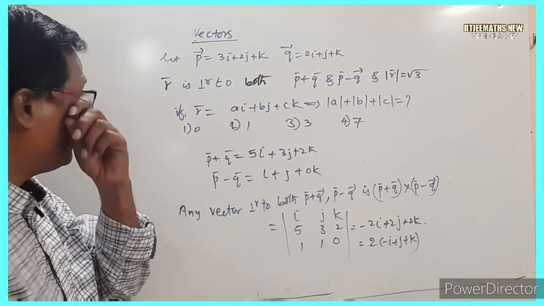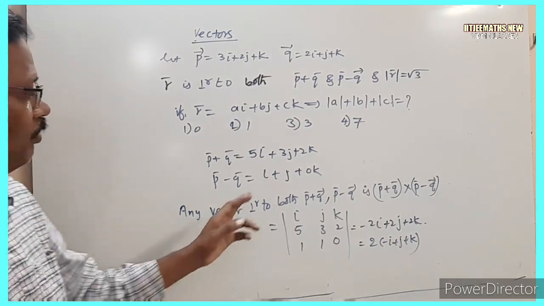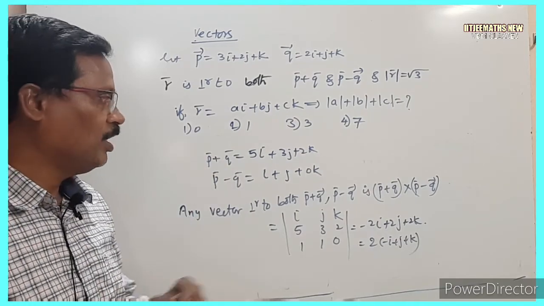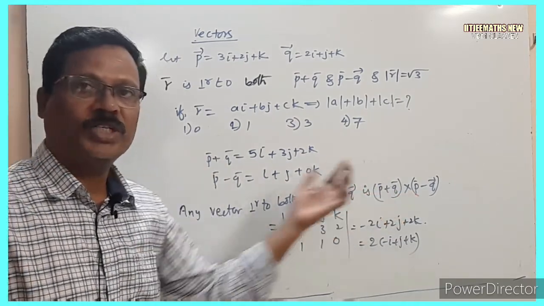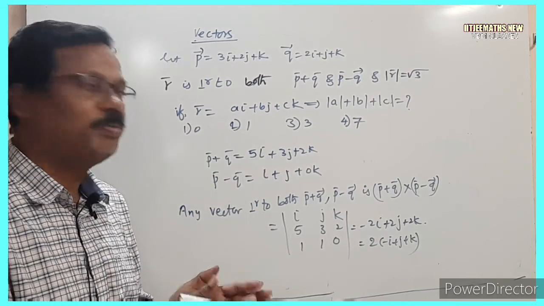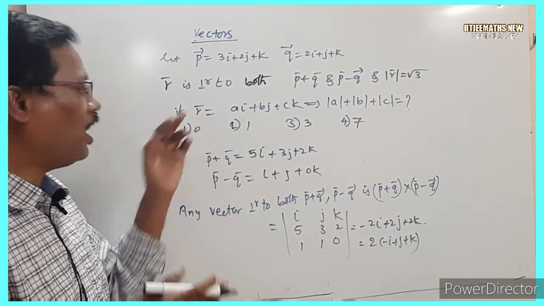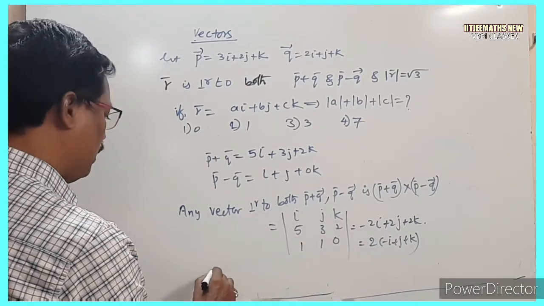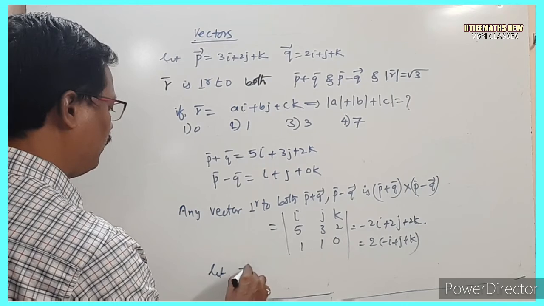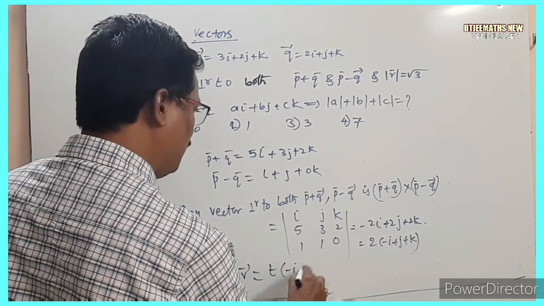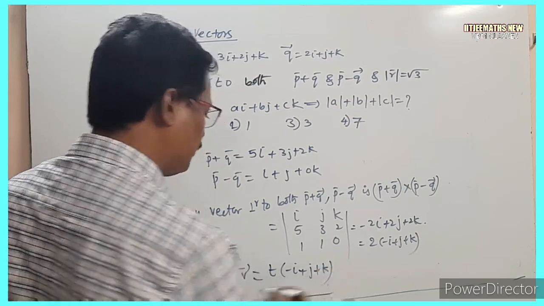Therefore this vector is perpendicular to both P bar plus Q bar and P bar minus Q bar. The cross product of these two is a vector perpendicular to both. Therefore the R vector is collinear with this vector. Let us consider the R bar vector is, leaving the 2, t times of minus i plus j plus k.